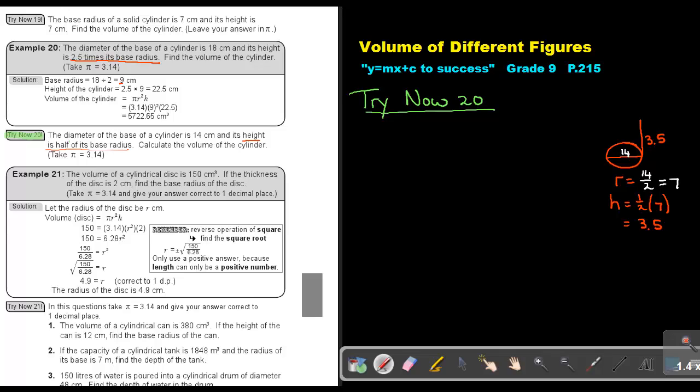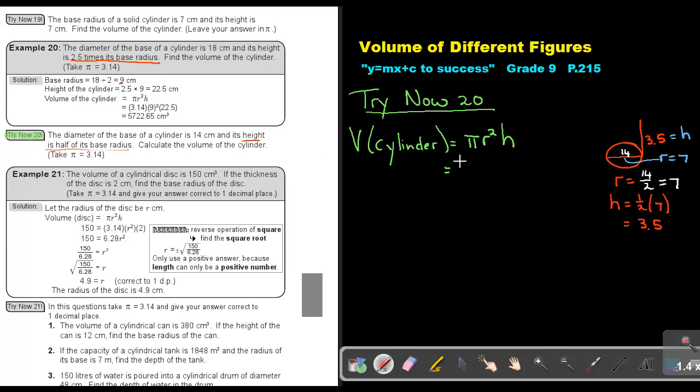And don't forget, I just bring in another color. That radius will be 7, and this is the height. Okay, so now we can start again. Calculate the volume. So the volume of a cylinder will be area of a circle multiplied by height. And what is pi?